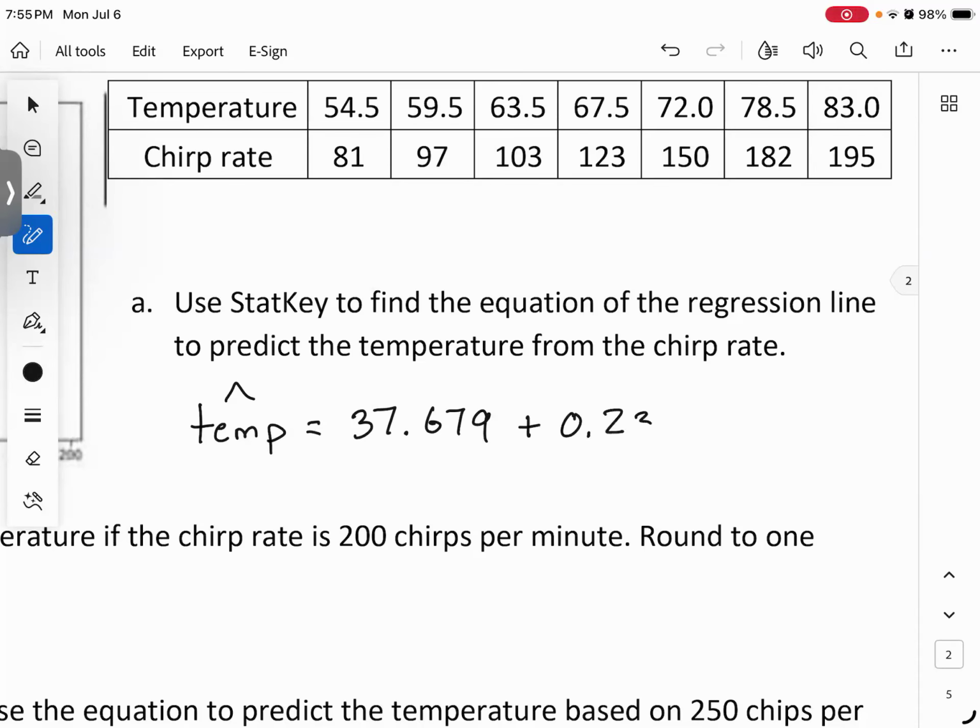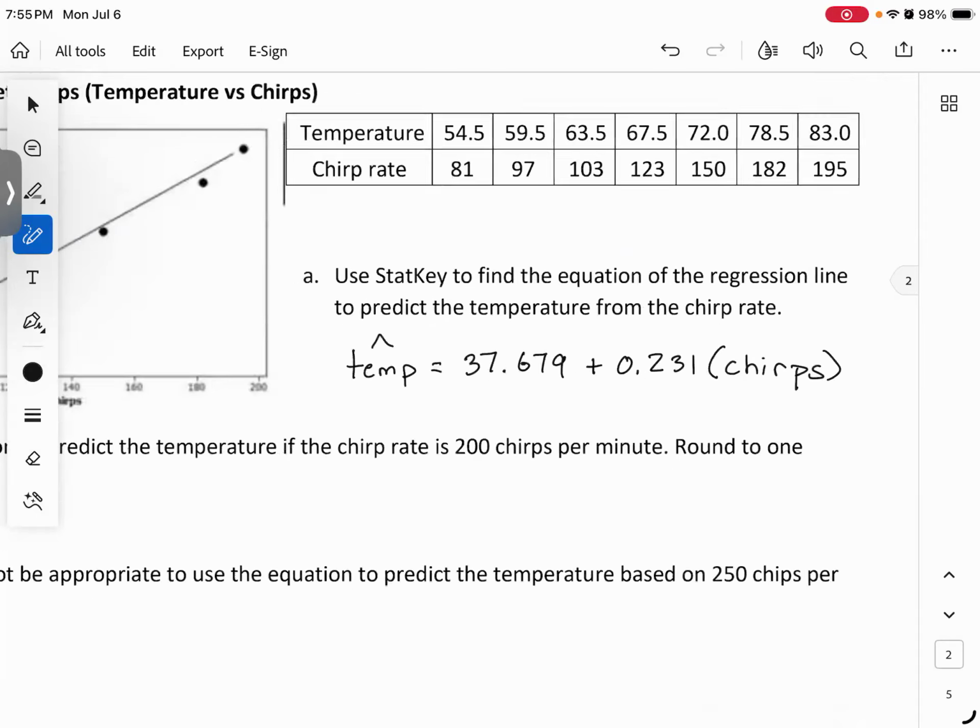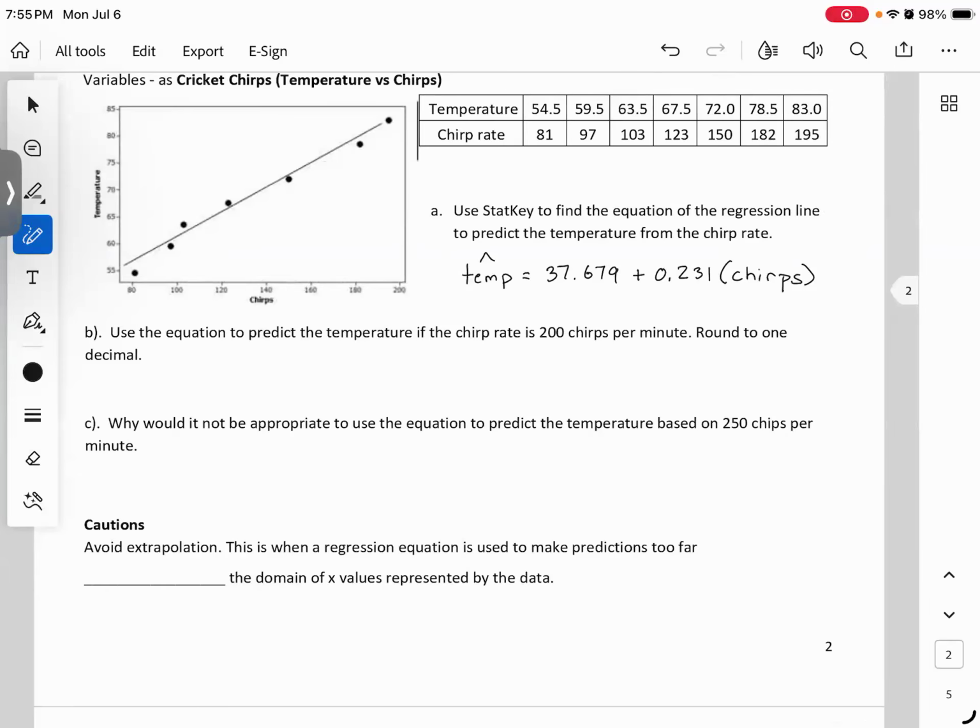But then once they do start chirping, that's the slope. The temperature slowly goes higher and higher as the crickets are chirping faster and faster. So I wanted to do that one mainly just to show that on some of the homework you will need to leverage StatKey, and it'll have the data. And then what it'll do with the data is it'll create the equation for you.